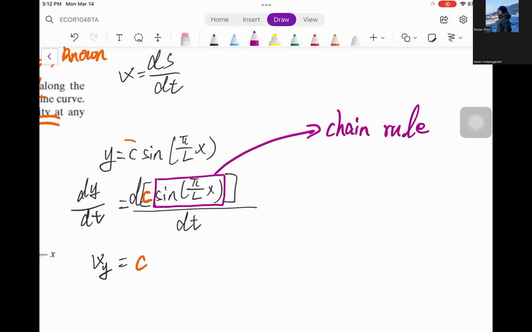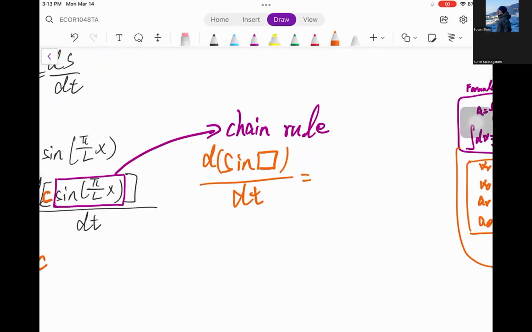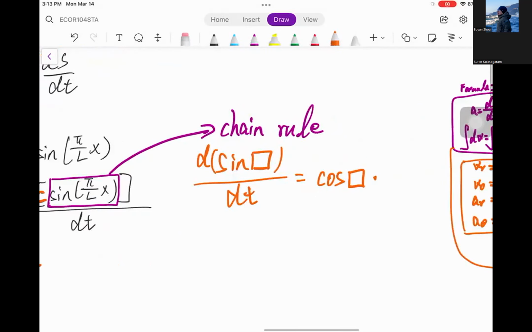For this one, we're doing the derivative of sine x. When I took that course, the professor liked to say we're doing the derivative of sine box. The chain rule is we need to find the derivative of sine box first, which is cosine box times the derivative of the box, d box over dt.